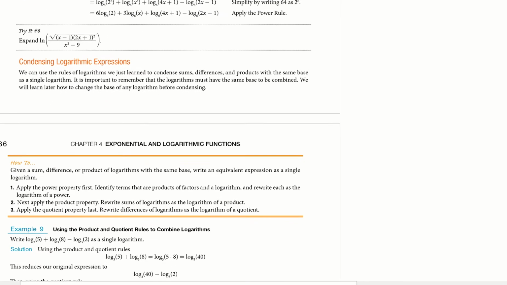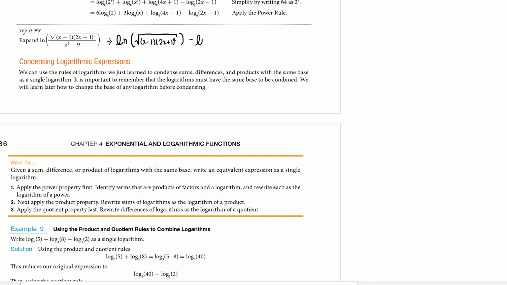So here's a good one. Okay, we're going to expand this. So first, I am going to rewrite these using the quotient rule: ln of x minus 1 times 2x plus 1 squared, minus ln of x squared minus 9.